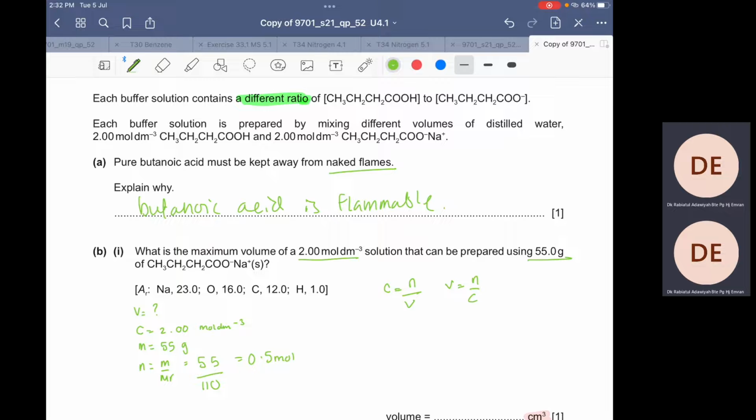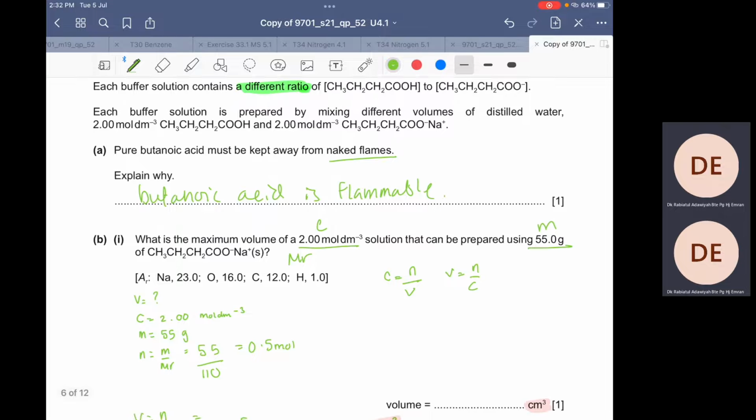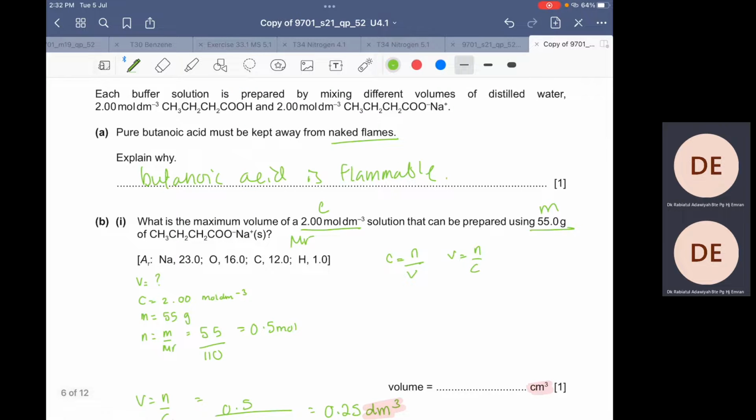The next question is just your basic mole calculation. You know the concentration, you know the mass, you can find the MR. So first, you find the number of moles, okay? Mass over MR to give you number of moles. And then you want to find the volume using C and V, okay?